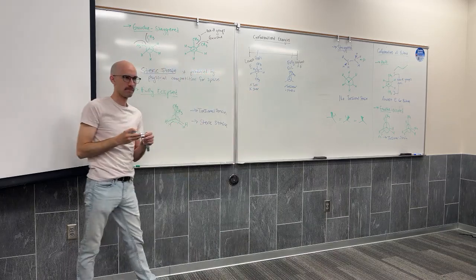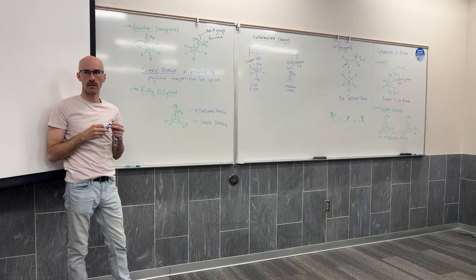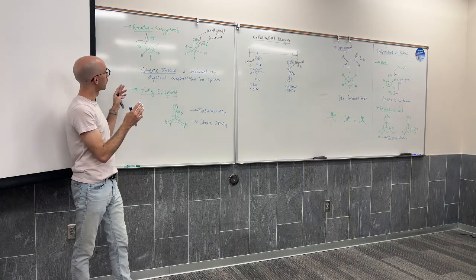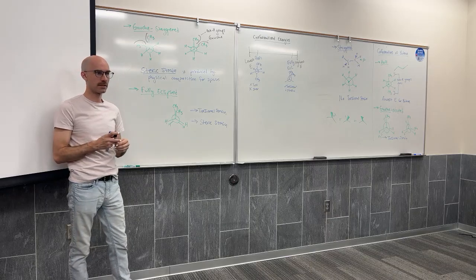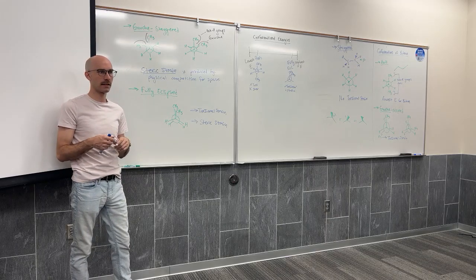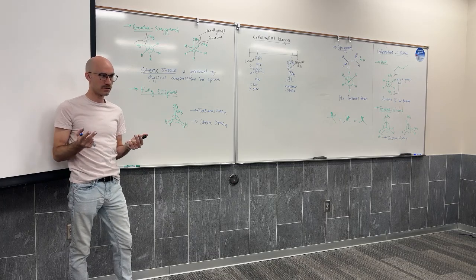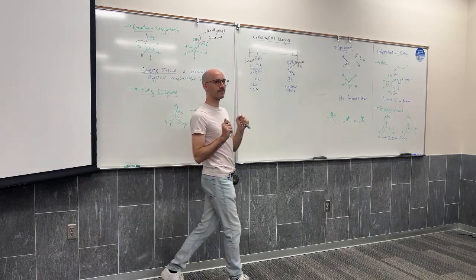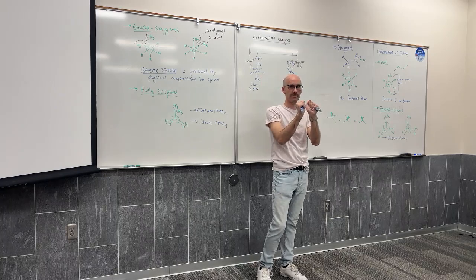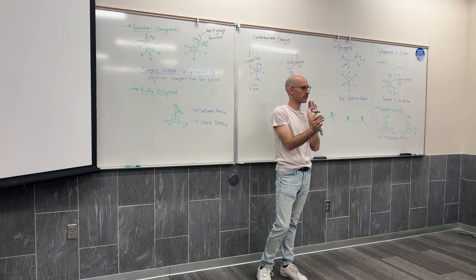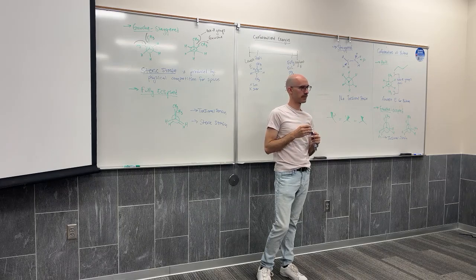Now, I'd like you guys to try and make a guess at whether gauche staggered or gauche eclipsed is higher energy. Your pre-reading might already give you an answer here. Okay, I'm hearing both answers. So really the question comes down to, does steric strain cause more of an energetic difference, or does torsional strain cause more of an energetic difference?